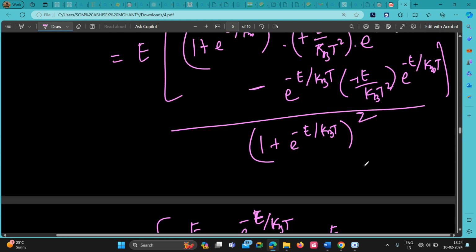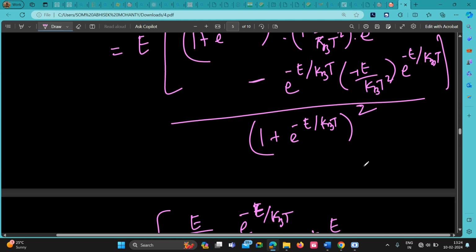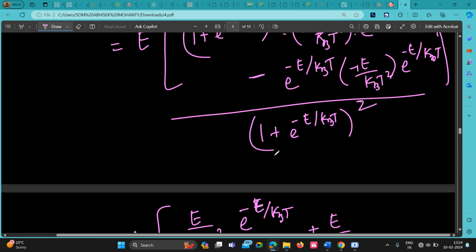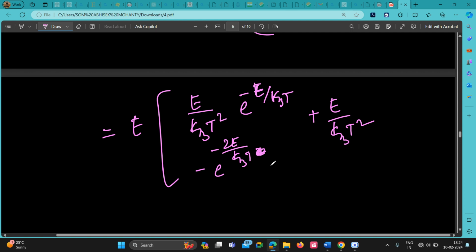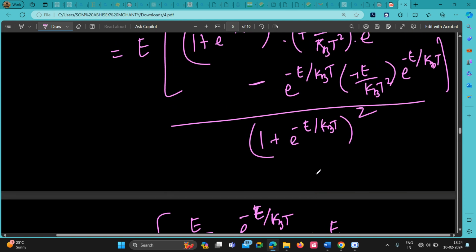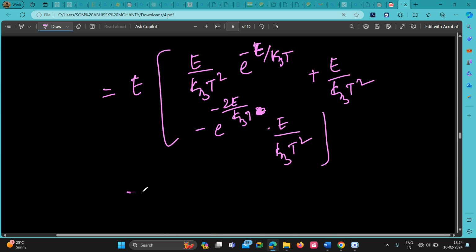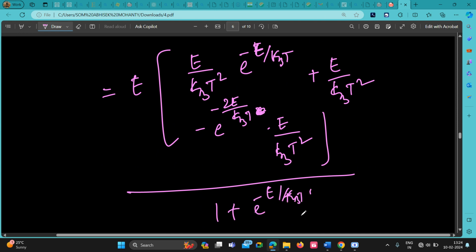Alright, minus e to the power minus 2E by kBT, so we get E by kBT squared times e to the E by kBT, whole divided by 1 plus e to the power minus E by kBT whole square. Okay, so this is the one.